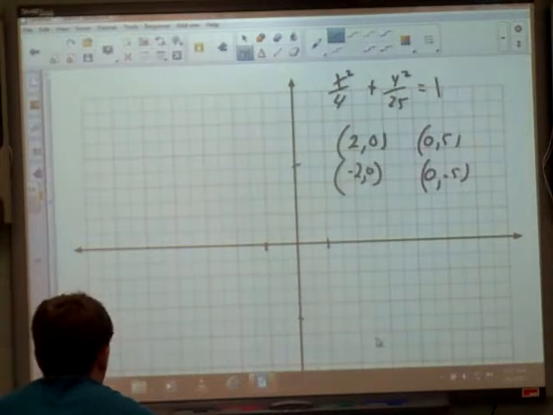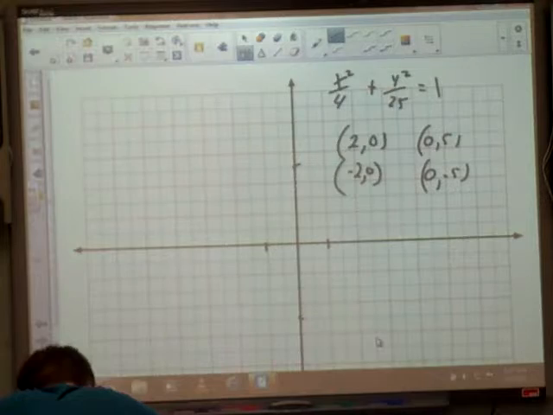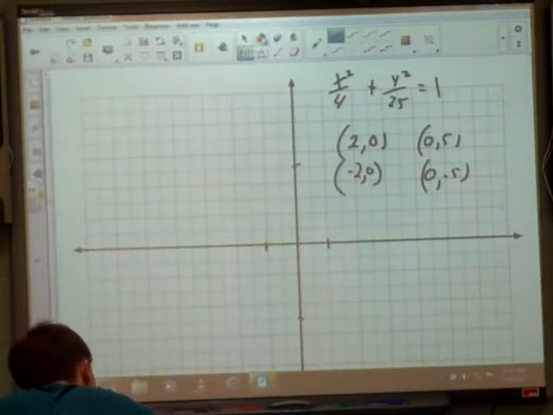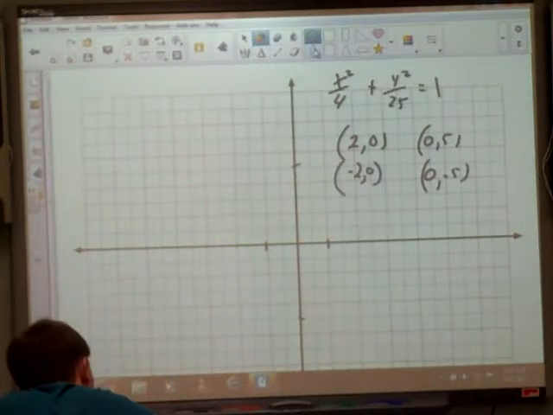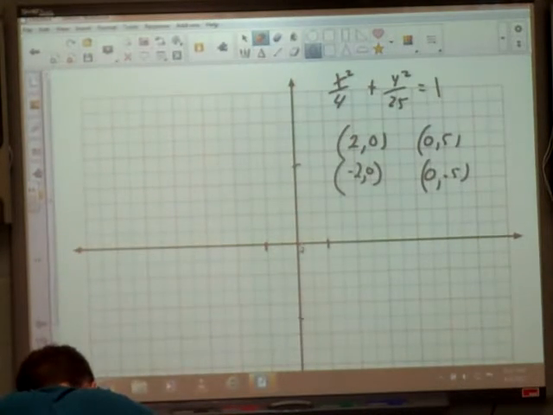The spacing I did on mine makes it an elongated looking thing. I could have spaced them out farther if I wanted to.